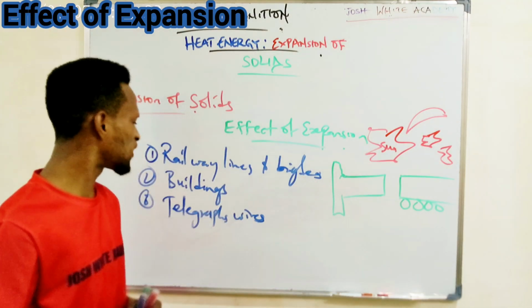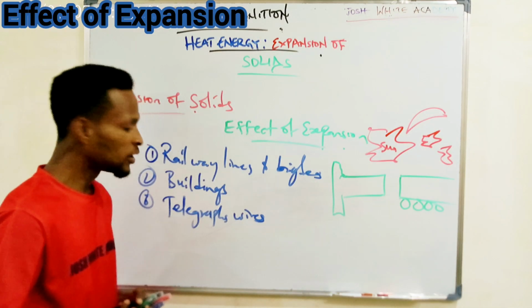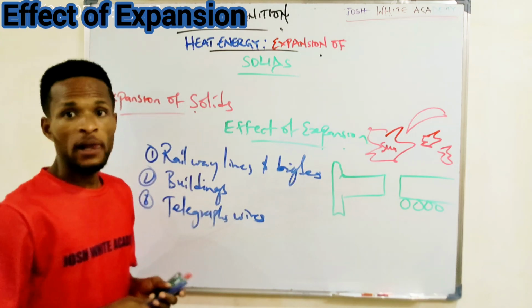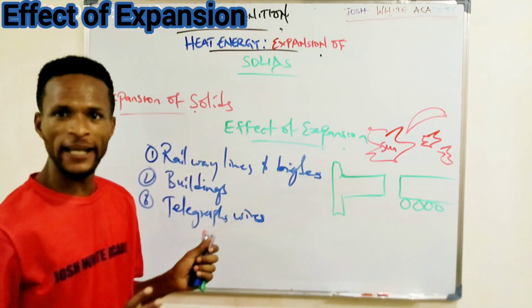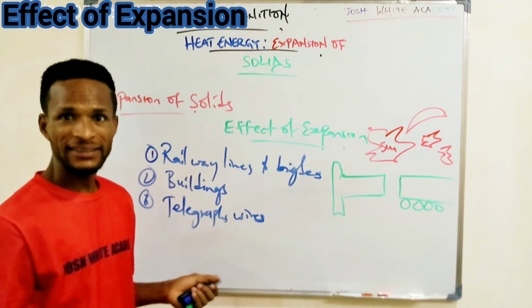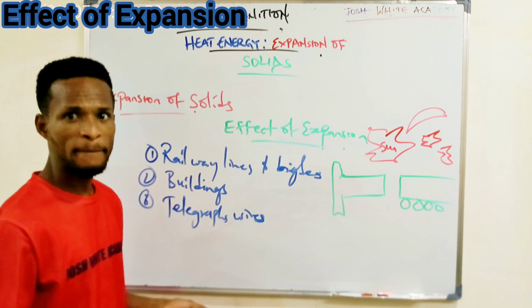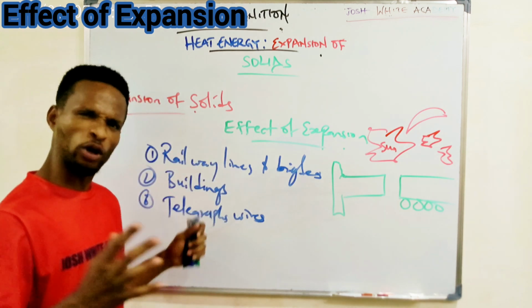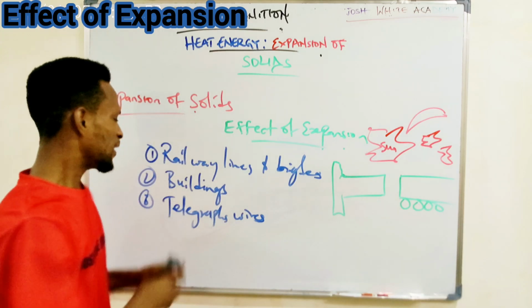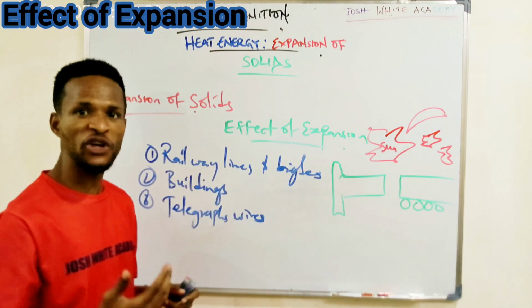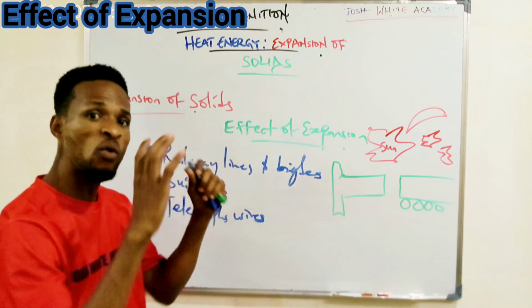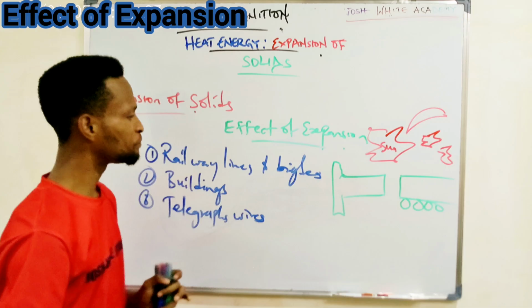In telegraph wires, the metal used for making these wires on a hot day expands and then sags. And when the weather becomes cool, they contract back. So the wires are made with extra length to give allowance for expansion.